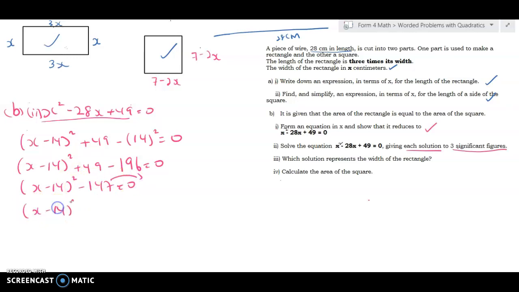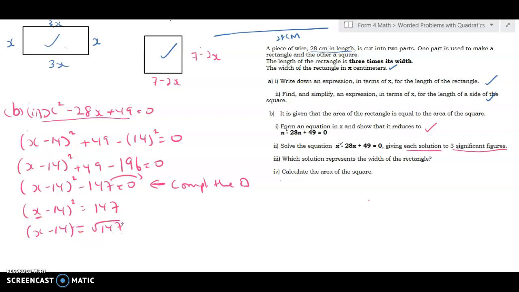I'll get x minus 14 squared is equal to 147 because I'm solving. So this was the completed square answer here, right? So now to solve, I send everything over and I want to leave x. So I'll get x minus 14 is equal to the square root of 147.